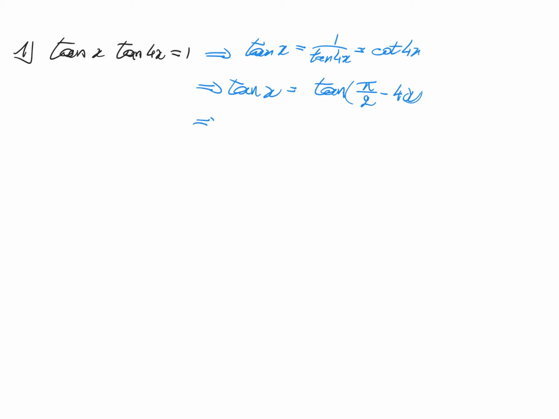The general solution is then x is equal to pi over 2 minus 4x plus k times pi, or 5x is pi over 2 plus k times pi, or x is pi divided by 10 plus k times pi divided by 5.